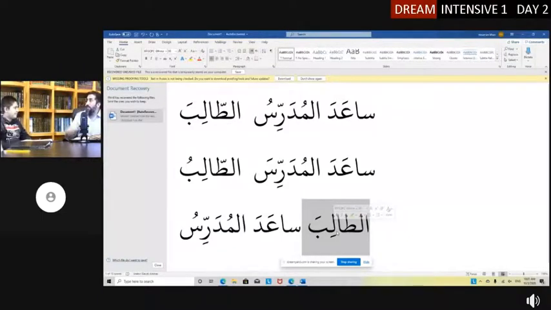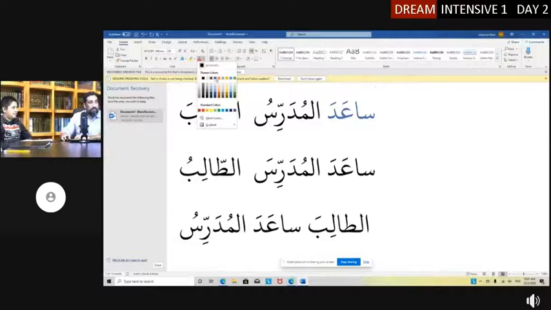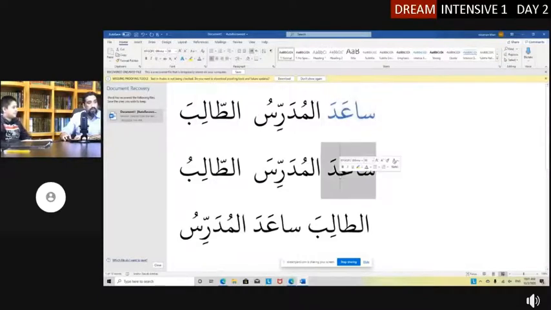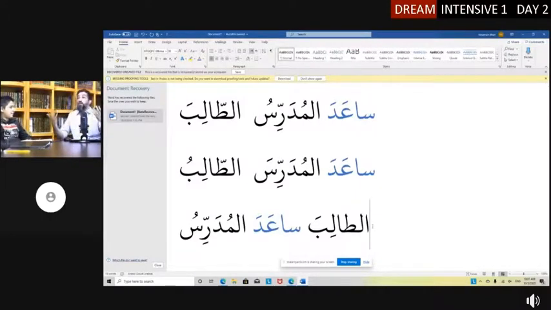Now, what does that mean, that this is Arabic? Let's think through this. We already know what sa'ada means. I'll color it blue so we don't think about it as anything confusing. Sa'ada means help. So that's our fi'l, right? Now, whenever you have a fi'l, who do you have to find? The doer. In English, you find the doer because it's easy. It's always in the beginning.